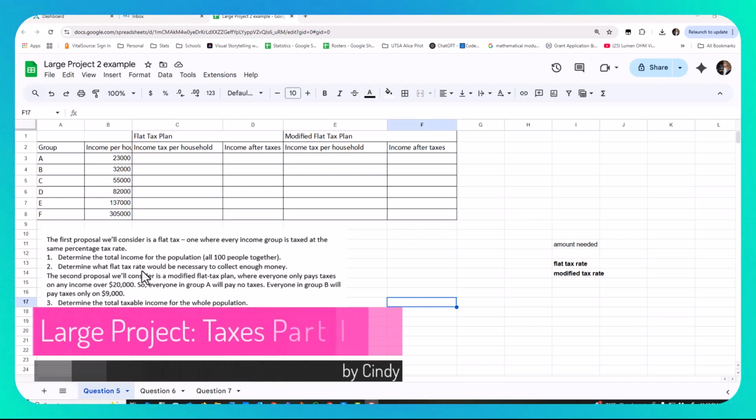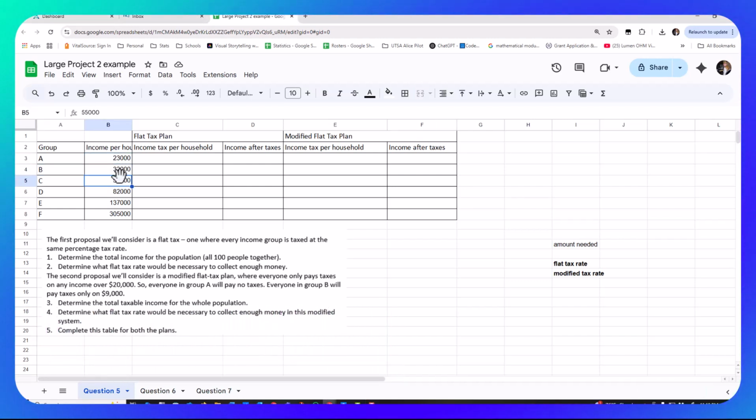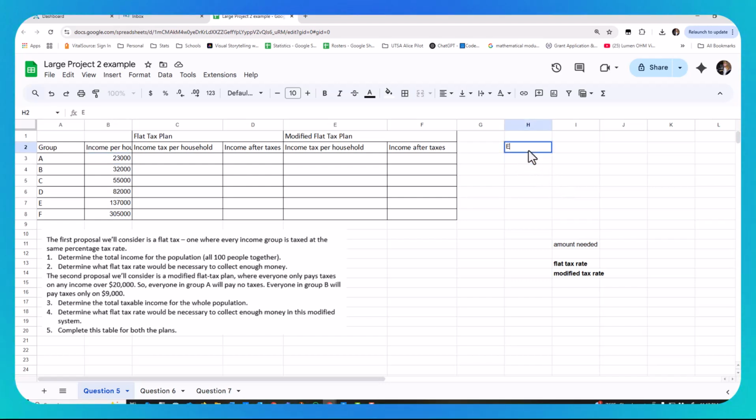Okay, I'm going to walk through an example that is like your project, but I've changed the numbers, so just realize the numbers won't be exactly the same. But we also need some information, and all of this is given in your actual project, but I need the number of households.